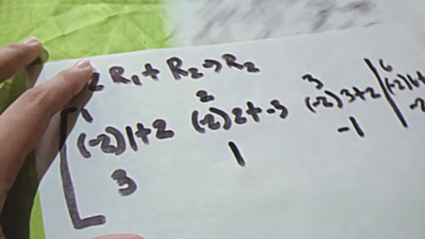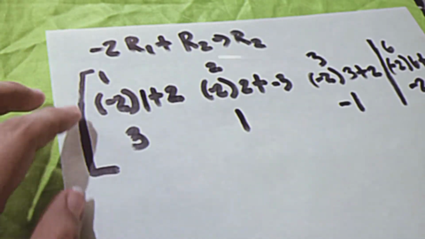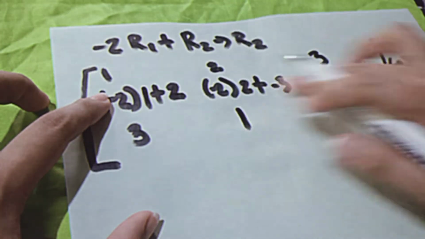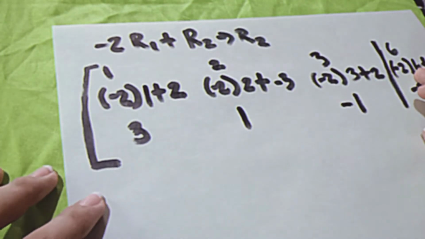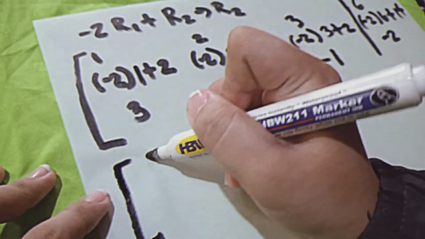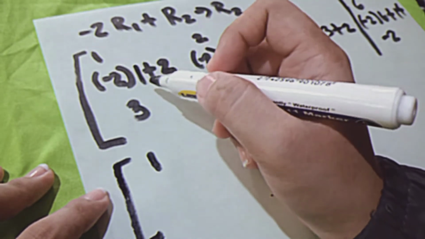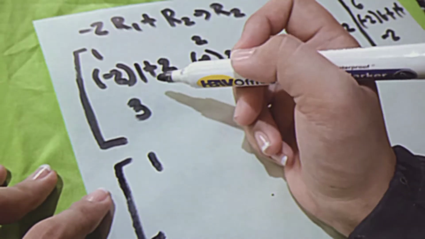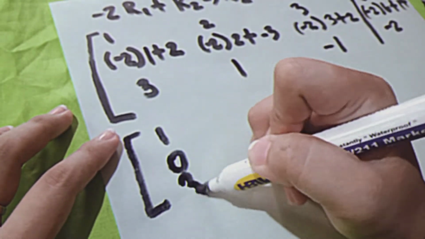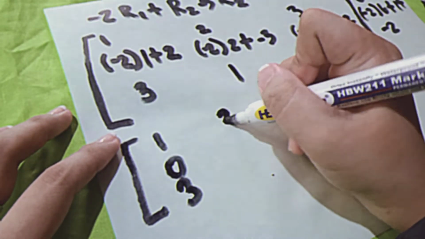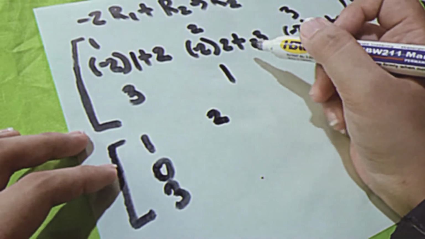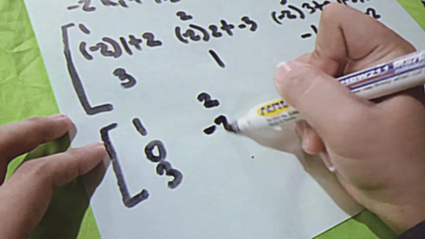Then we will solve the entries in the second row. Negative 2 times 1 plus 2 is 0. Then copy 2. Negative 2 times 2 plus negative 3 is negative 7.